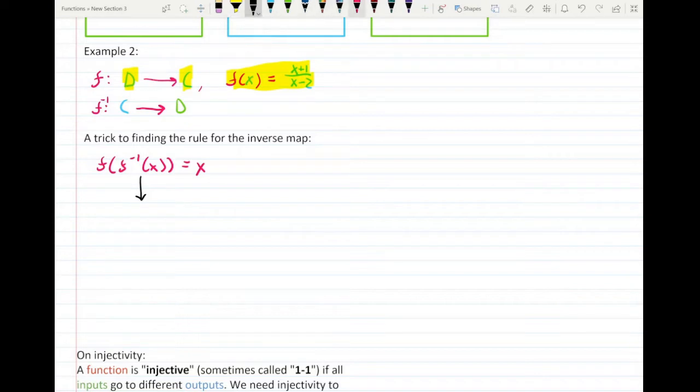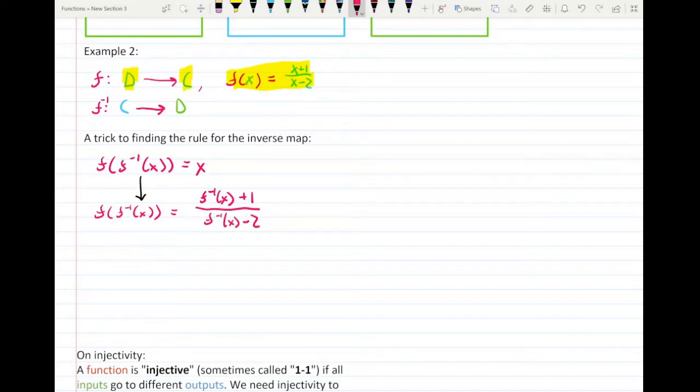So what you end up with is f of f inverse of x is equal to (f inverse of x plus 1) all over (f inverse of x minus 2).